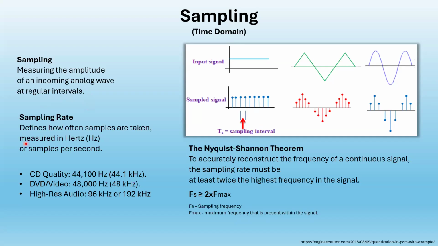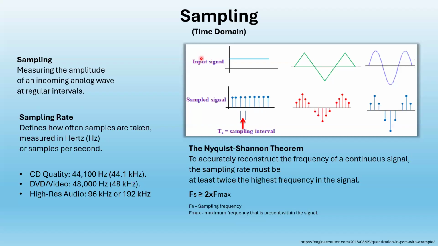Now, sampling rate. There are certain things we have to talk about when it comes to sampling. Sampling rate defines how often the samples are taken, and it can be measured in hertz, or in samples per second, which comes to the same thing in this case. Here we have a graphic example.